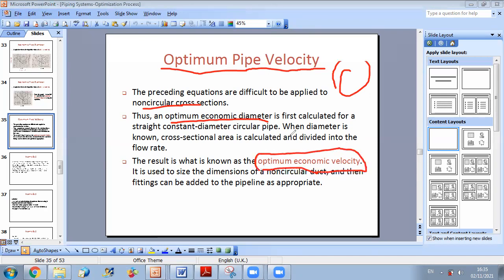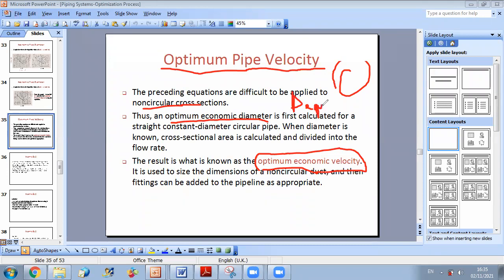What is the method used to get this optimum economic velocity? To be able to use the previously developed charts, we will first consider the area and find the corresponding straight constant diameter circular pipe of equivalent area. You can find the equivalent diameter for the section you have.